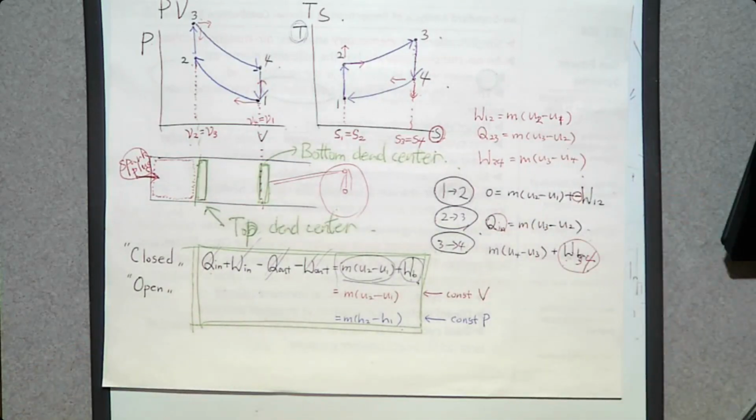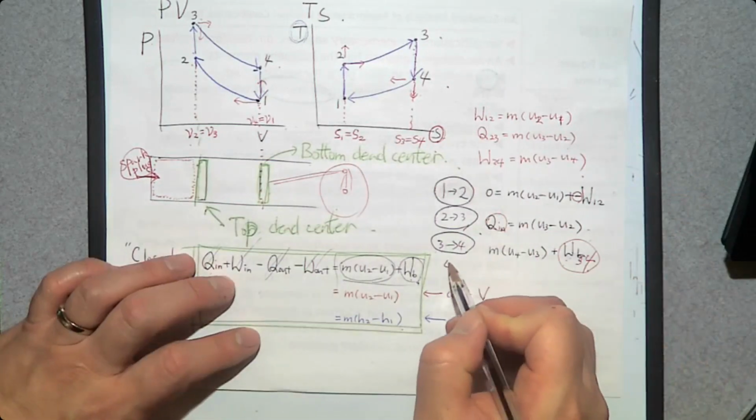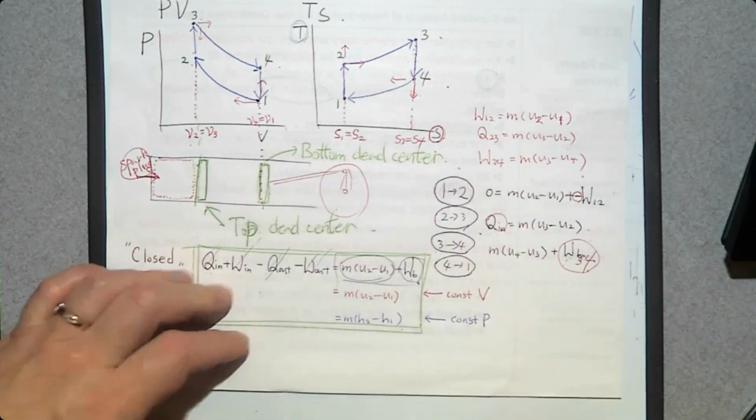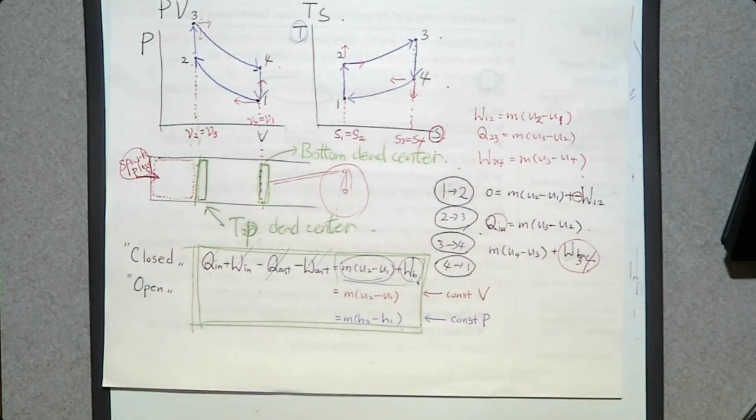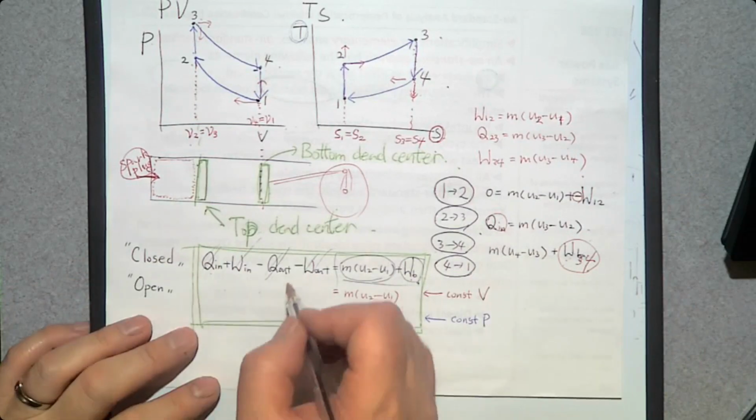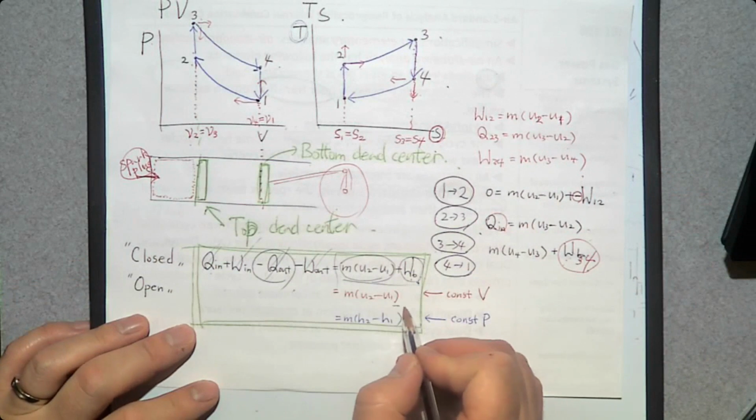Finally, process 4-1. How do you determine that? 4-1 is a constant volume heat rejection. So we have Q out, and constant volume.